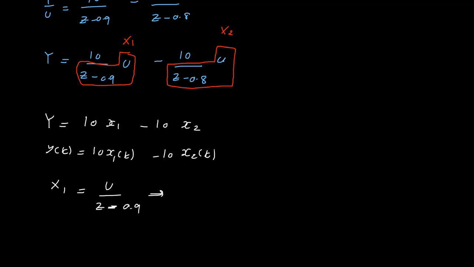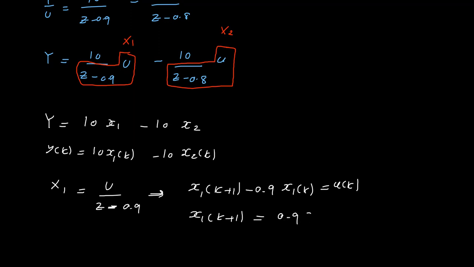So simply from here we can find x1 of k plus 1 minus 0.9 x1 of k is equal to u of k. If I rearrange it, x1 of k plus 1 will equal 0.9 x1 of k plus u of k.